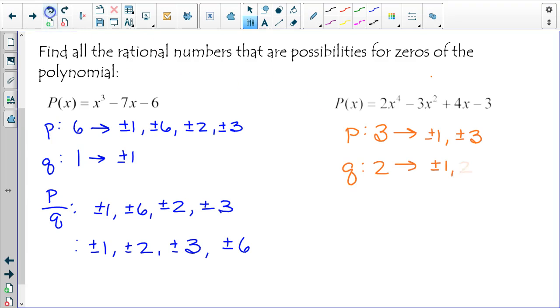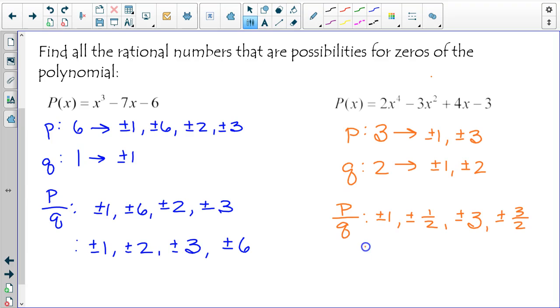Whoop, pump the brakes. 1 and 2. All right, so p over q, which is my possible rational zeros, would be 1 divided by 1, which is 1. 1 divided by 2, which is just 1/2. 3 divided by 1, and 3 divided by 2, 3/2.